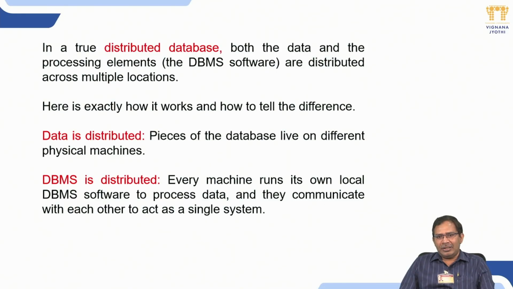Every machine runs its own local DBMS software to process the local data, and they communicate with the other nodes, giving the illusion that it's a single system and single software that manages all the data and all the sub-softwares, and it seems to be a single state to the end user.